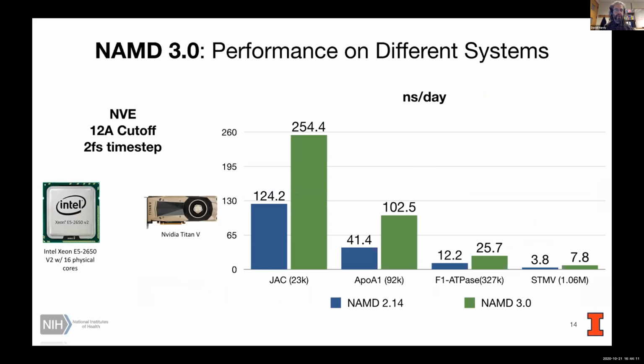And so if we look at what the overall performance is now on different systems, we see that we can get really good performance on small systems like the JAC benchmark from the Amber community that we used to not really perform well at all. And so all across here, we're seeing a better than 2x performance improvement now when we more fully utilize the GPU.